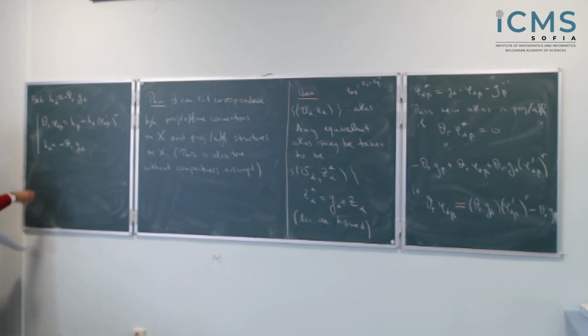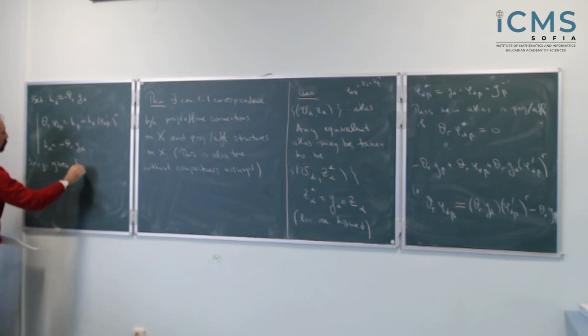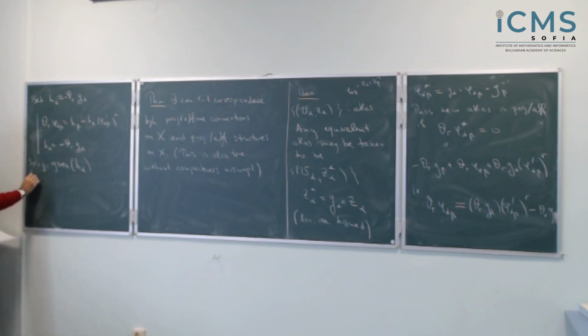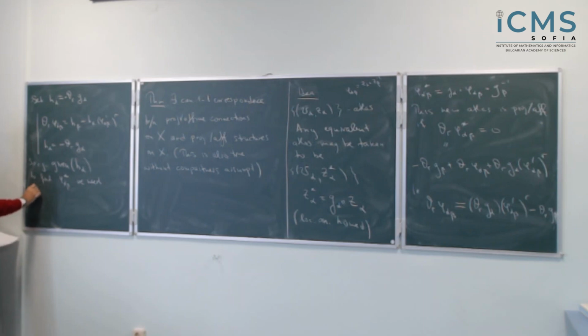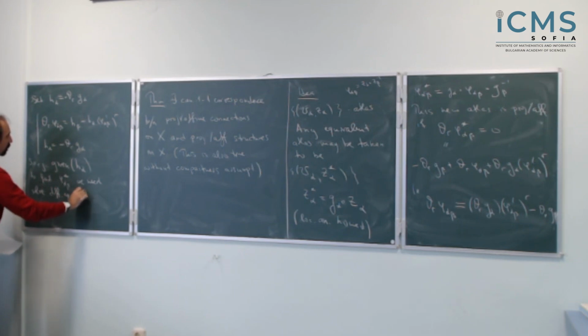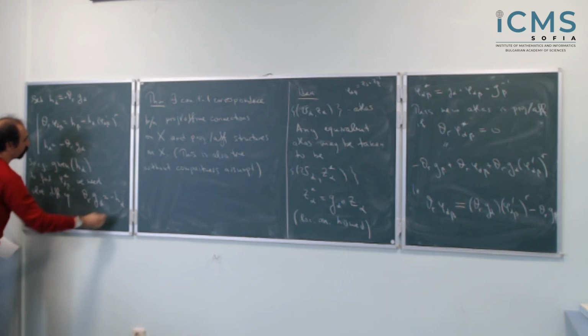So for example, given h alpha, find the alpha delta star, we need to solve the differential equation with our g alpha is minus h alpha.